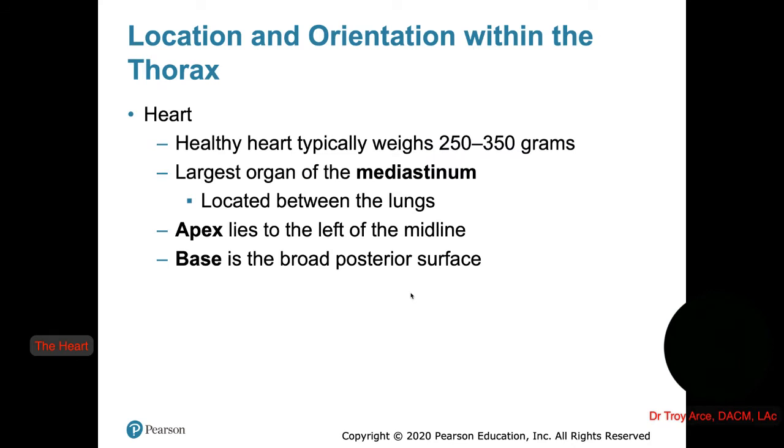And so where is it located? A healthy heart typically weighs about 300 grams, and it's the largest organ of the mediastinum, located between the lungs. The apex lies to the left of the midline, and the base is the broad posterior surface.